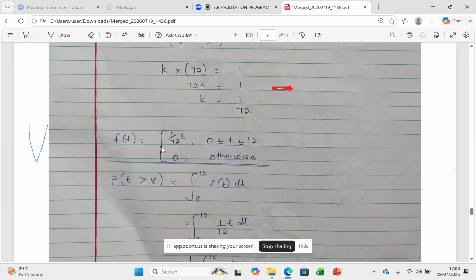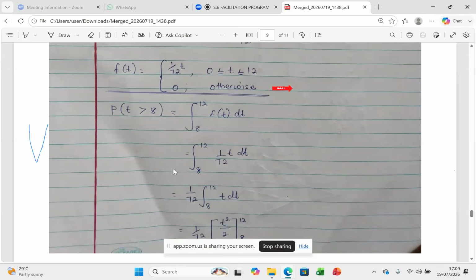So that you can proceed with the probability for when the consultation is more than 8 minutes. For the fact that they want the time to be from 8 minutes and above, as you're now integrating to find the probability, the limits will go from 8 up to the maximum, which was given to us as 12. So it is the integral from 8 up to 12.